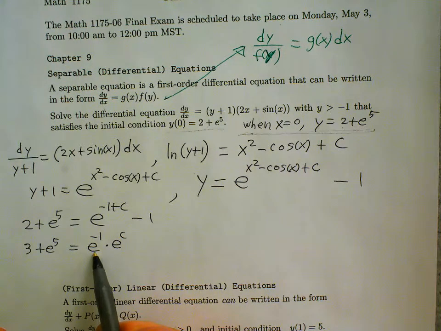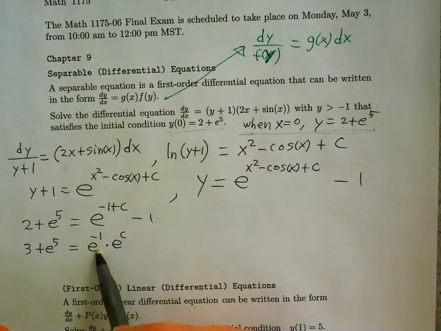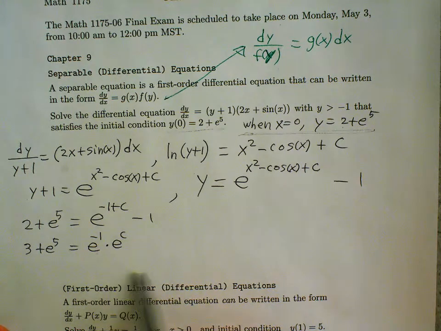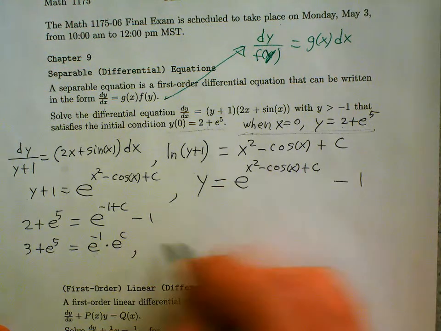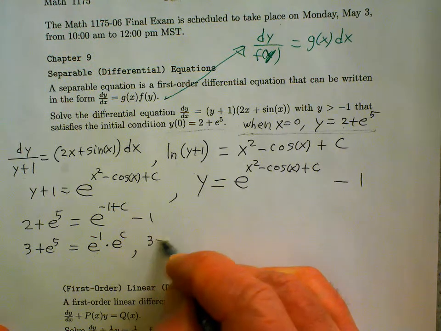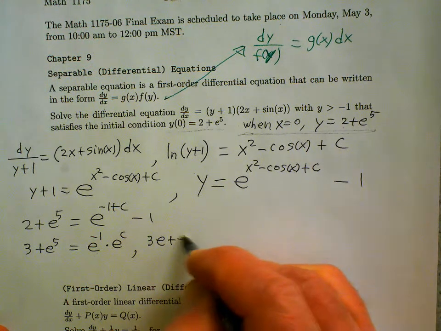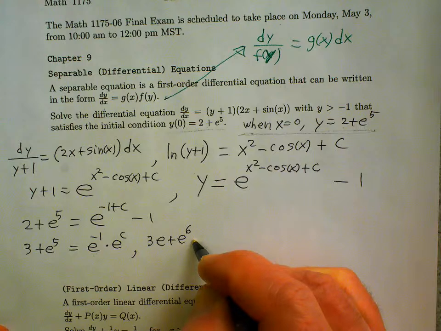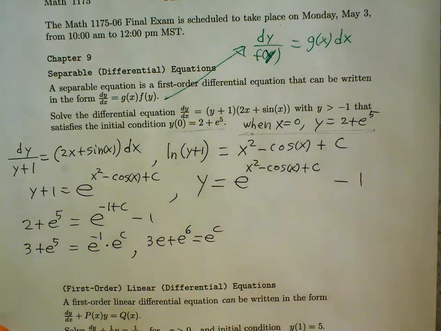And then multiply both sides by e, because if we divide by e to the negative 1, that's the same as multiplying by e. So we get 3e plus e to the 6th equals e to the c.